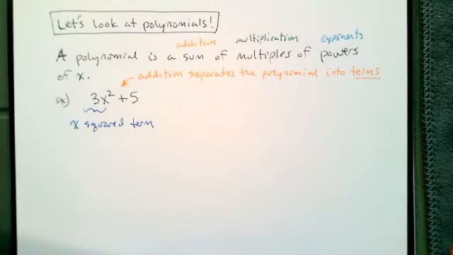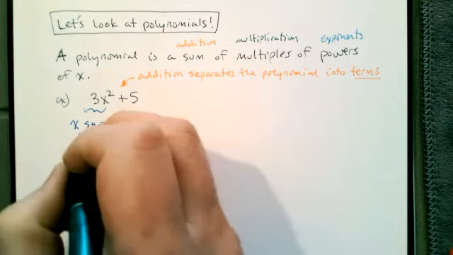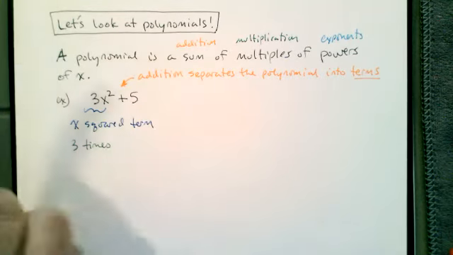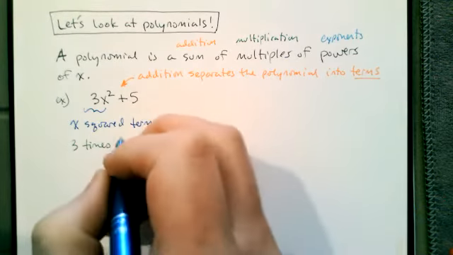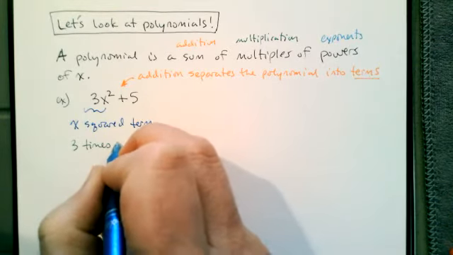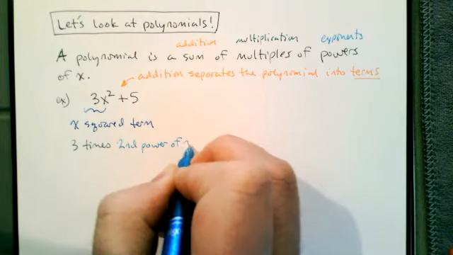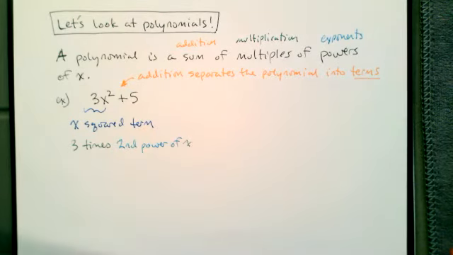It says we have 3 times the x squared. So the x squared term is 3 times the second power of x. It's got multiplication, 3 copies of the x squared, and we're looking at the second power of x.